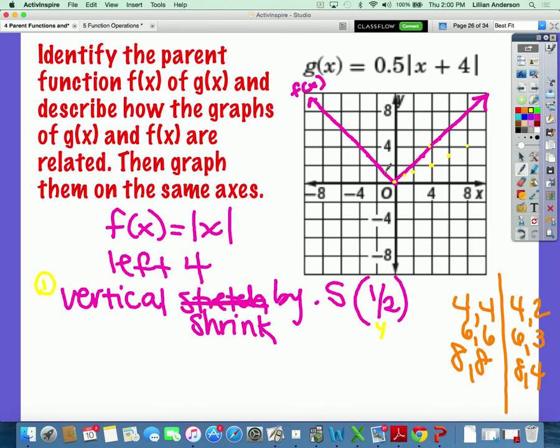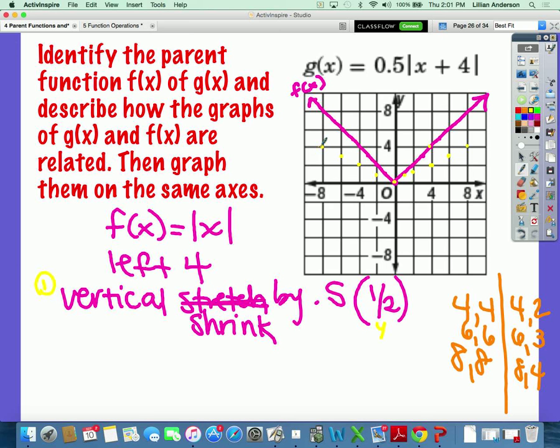And since it is even symmetry, it's going to be the exact same thing on the other side. So those yellow dots, except that one's on the big one, represent my graph being vertically shrunk by a factor of 1/2.